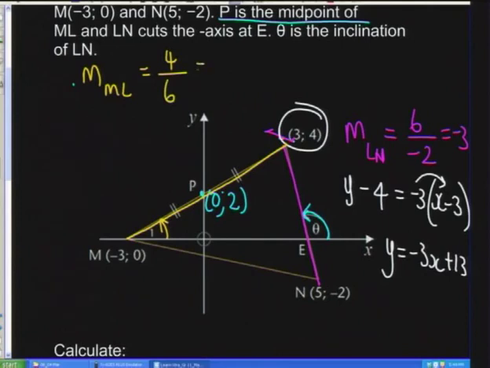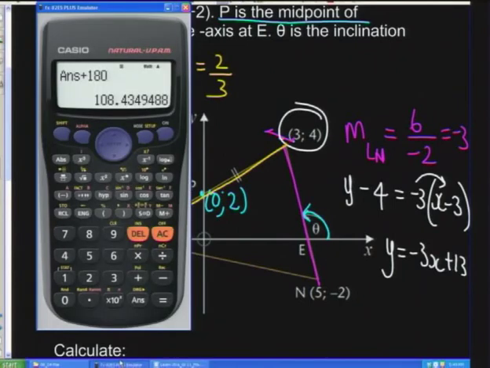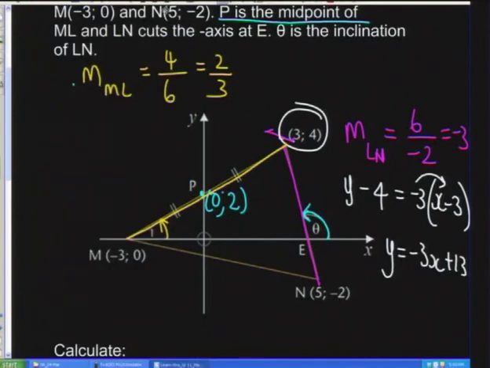So the gradient is 2/3. So magic machine to help us work out what the angle, the inclination, is of 2 divided by 3. And we get 33,7. So that's the inclination. Okay. It is acute, so it's not giving us that negative.